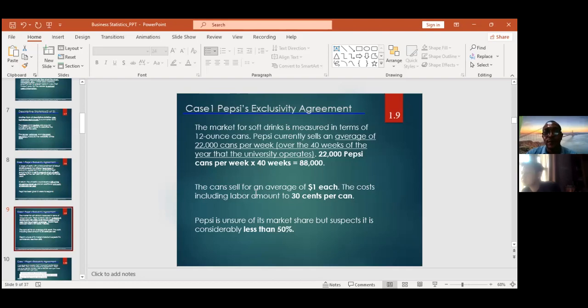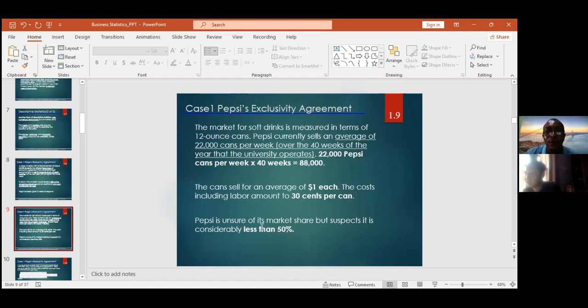There is additional information: they can sell for an average of $1 each. The cost, including labor, amounts to 30 cents per can. But there's a problem. Pepsi is unsure of its market share, but suspects it is considerably less than 50%.